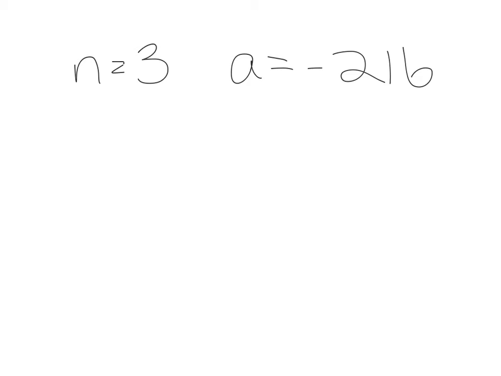The first type of question you'll have asks you to find the indicated real root of a. It will give you information like this: n is equal to 3 and a is equal to negative 216. So I want to know what the third root of negative 216 is. We set that up by writing the third root of negative 216.